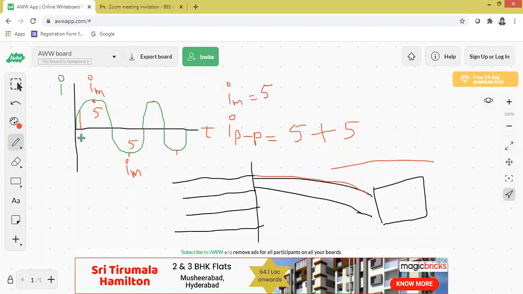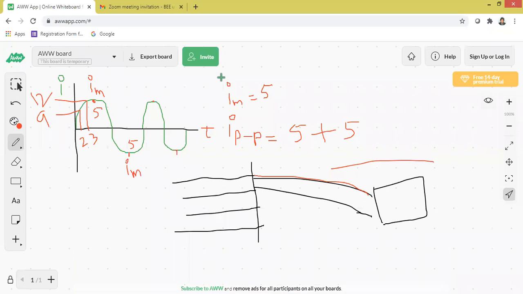I am drawing 2 and here 3. At time t equal to 2 seconds, let us say the current is 9 amperes, and at t equal to 3 seconds, the current is 12 amperes. The value of the current at any instant of time is called the dash current.